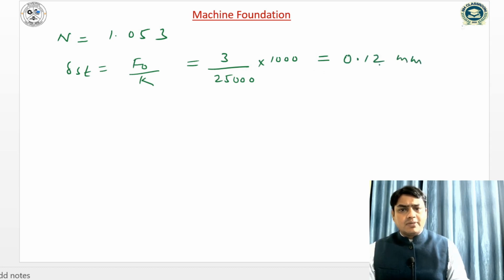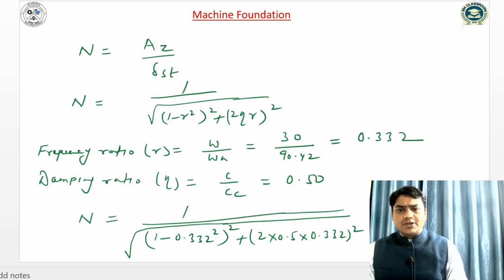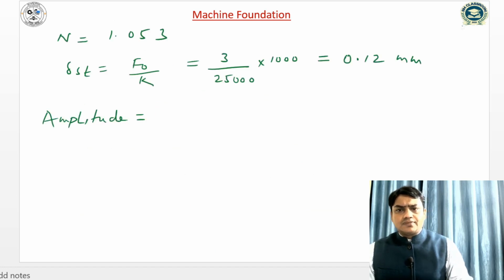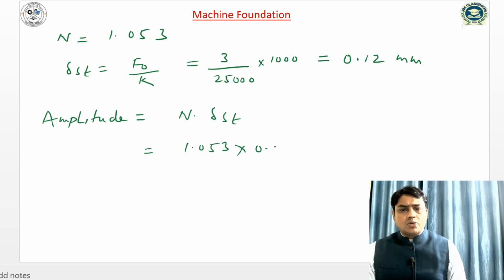So amplitude can be written as n into delta st. n is 1.053 into 0.12, so it is coming 0.12636 mm.